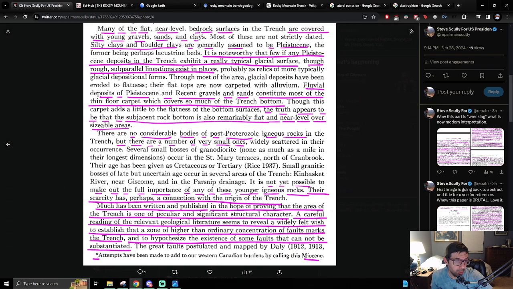Many of the flat, near-level bedrock surfaces in the trench are covered with young gravels, sands, and clays. Silty clays and boulder clays are generally assumed to be Pleistocene. It is noteworthy that few, if any, Pleistocene deposits in the trench exhibit a really typical glacial surface, though rough, subparallel lineations exist in places, which currents can do, like fingers: it's one arm, but it's a hand with multiple currents.